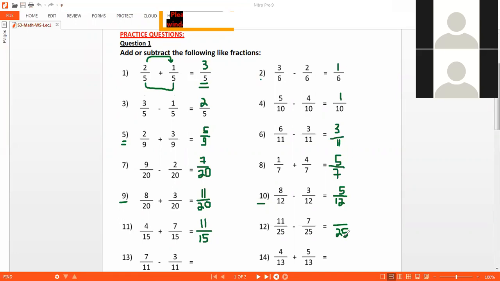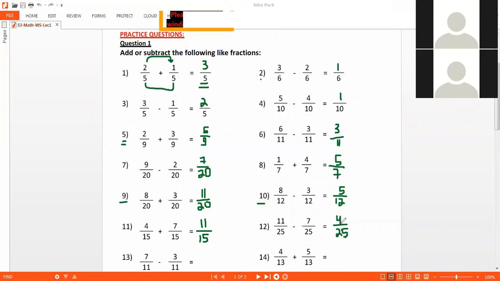No, we are subtracting. 11 minus 7. What's 11 minus 7? Miss, can you hear me? Yes, I can hear you. 11 minus 7. Okay. 4. Yes, it's 4.